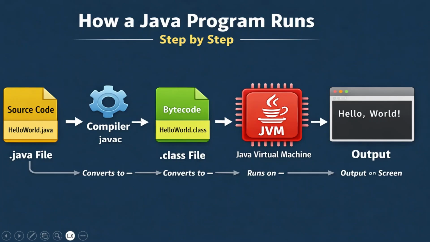And again, JVM converts this bytecode into machine understandable language. Finally, we run our Java program by using JVM, Java Virtual Machine. Here JVM takes the HelloWorld.class file, which has bytecode, converts it into machine code, and gives the output, Hello World. Hope you understand this flow now. So this is what is happening behind the scenes.